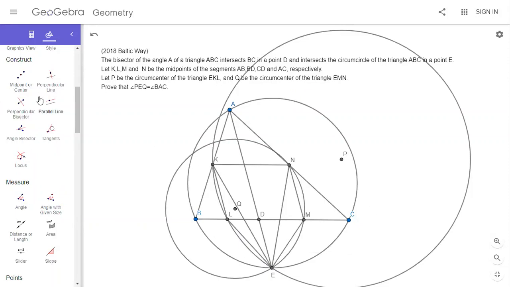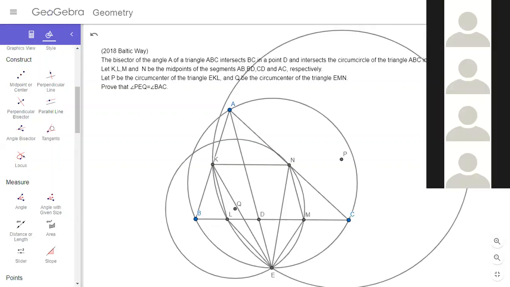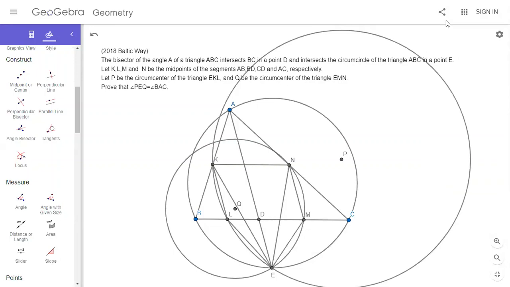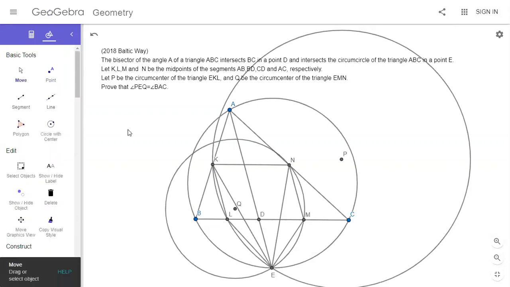Let's see. Let me check who's on. Michael says: I didn't prove it, but I drew it in my GeoGebra, and connecting E, Q, P makes a right angle, doesn't it? Let's see.